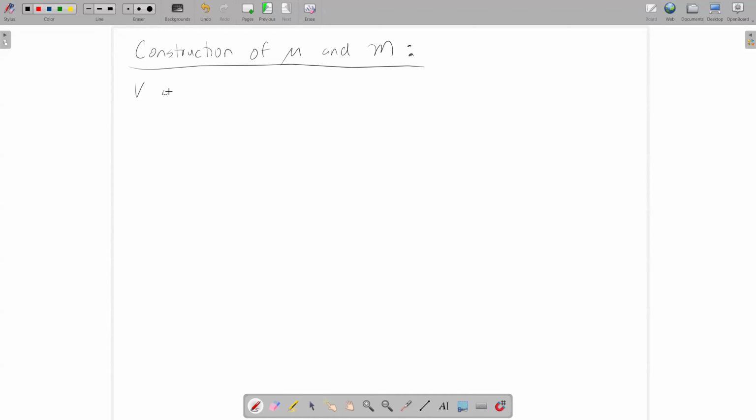So V is an open subset of X, obviously. X is our LCH space.